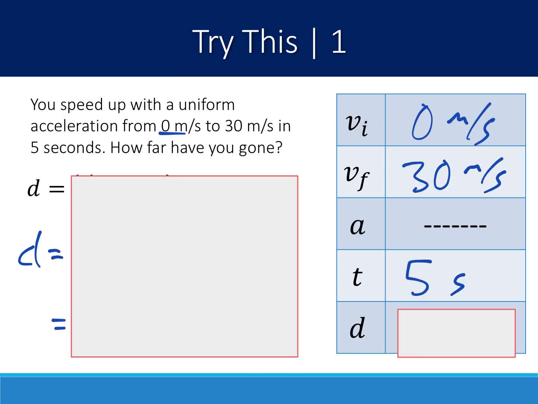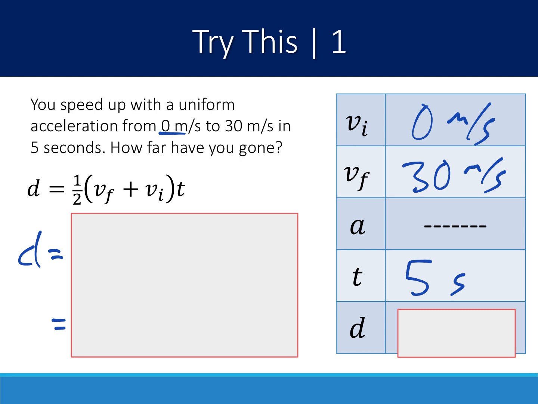As you approach these problems, I really want you to always go back to the basics and ask yourself, are we accelerating uniformly or moving at a constant velocity? Notice in the first line, it says that this is a uniform acceleration. Therefore, we can use our uniformly accelerated equations in order to find our distance.